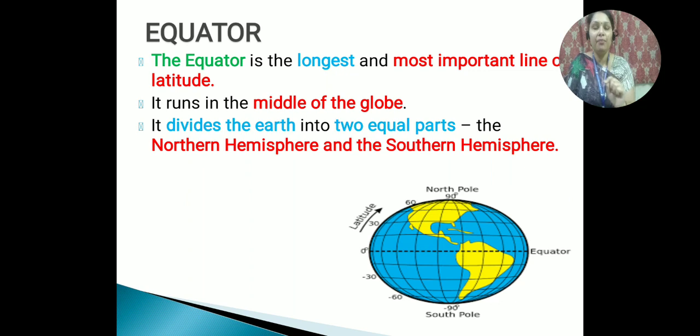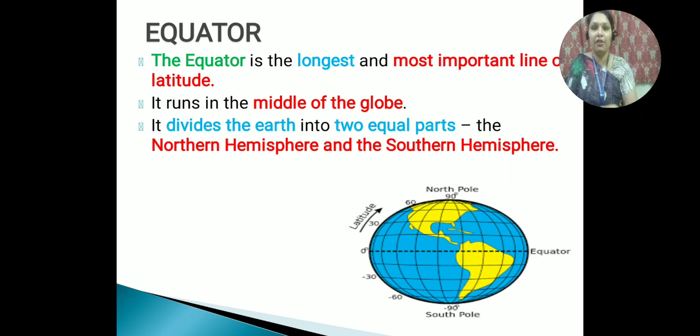Because with the help of this line only, the different lines of latitude are drawn on the earth.